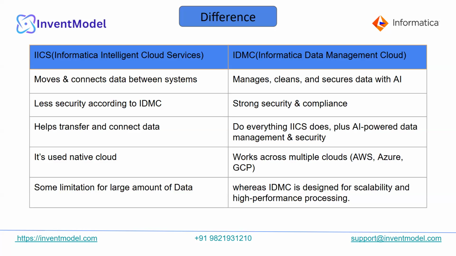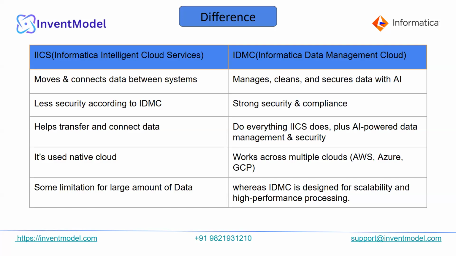And the last one is the limitation for large amounts of data. In IICS there is a limitation: if we have a large amount of data, we cannot implement it easily. But IDMC is designed for scalability and high-performance processing.